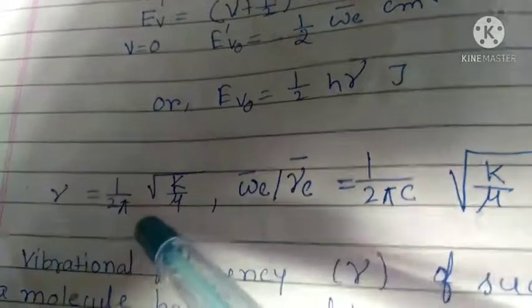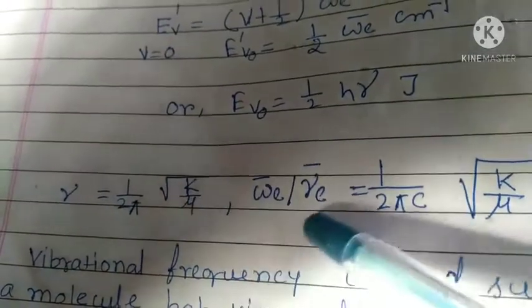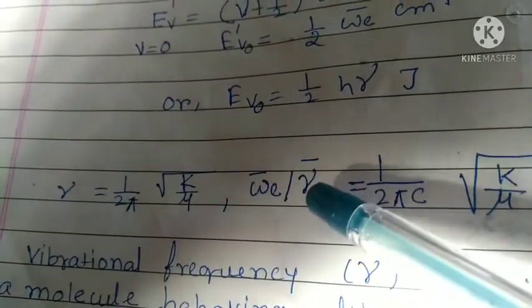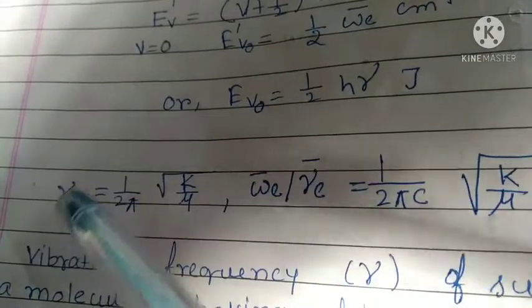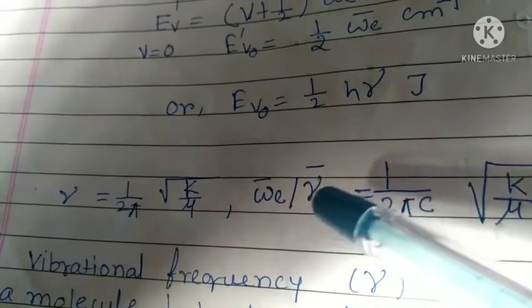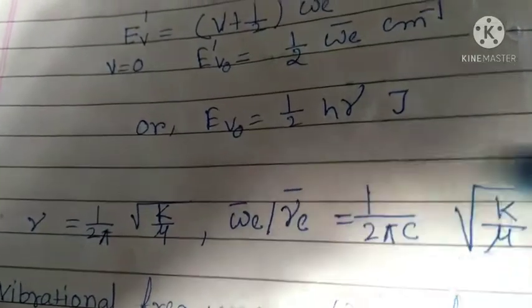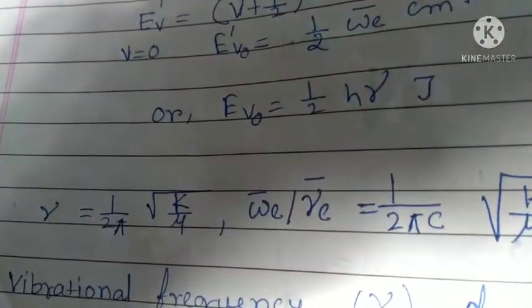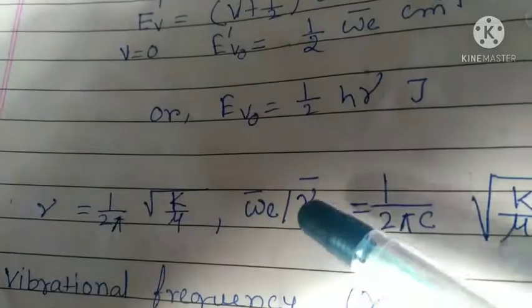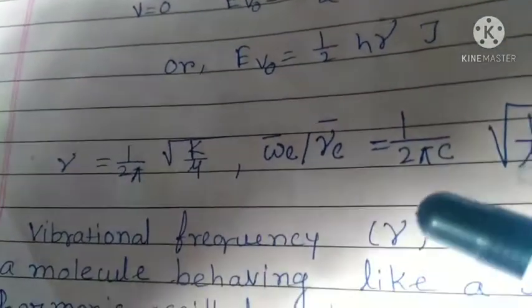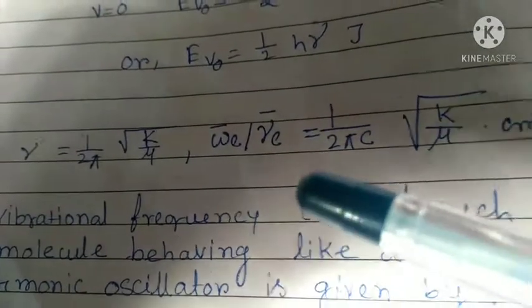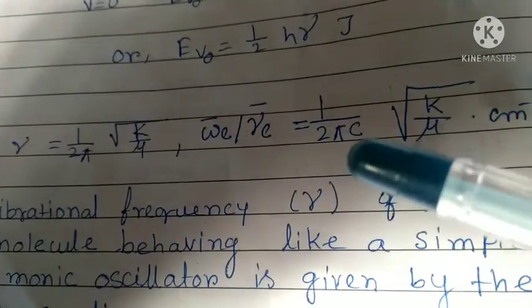Now the expression for nu or nu e bar or omega e bar. So nu is 1 by 2 pi root k by mu. This is the frequency for the fundamental transition. The fundamental transition means you are assuming the transition from the v equals 0 level to the 1 level, because we know that the ground state level is always mostly populated.